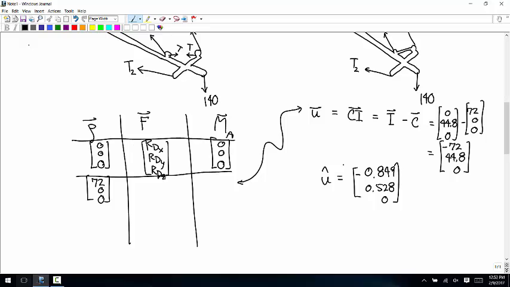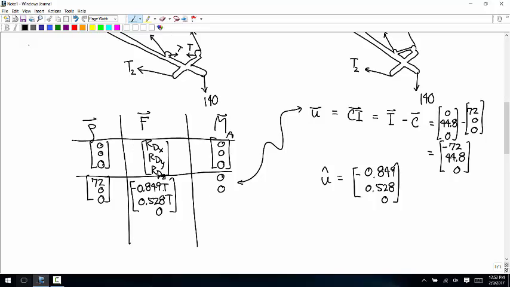And so the force vector then is this unit vector times T. So negative 0.849 T, 0.528 T, 0. And then the cross product is 72 times 0.528 T in the z direction in this case.